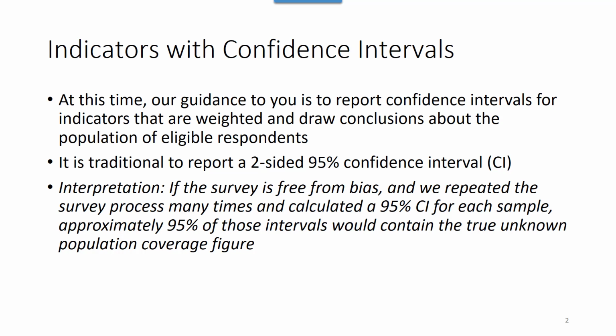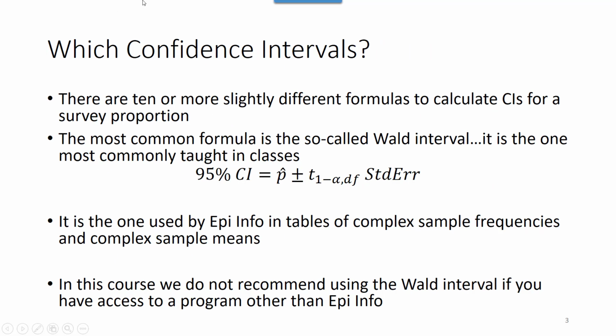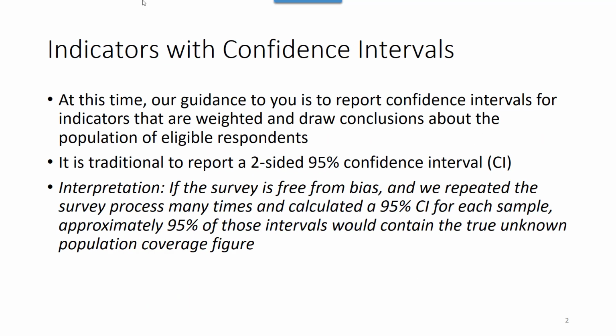Now that's quite a mouthful, but that's the clearest and most accurate interpretation. Sometimes we abbreviate that and we say we're 95% confident that coverage is inside the interval, and that's okay, but when pressed we should be able to give the full definition as well.